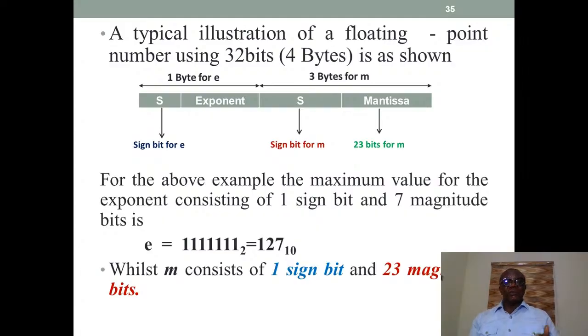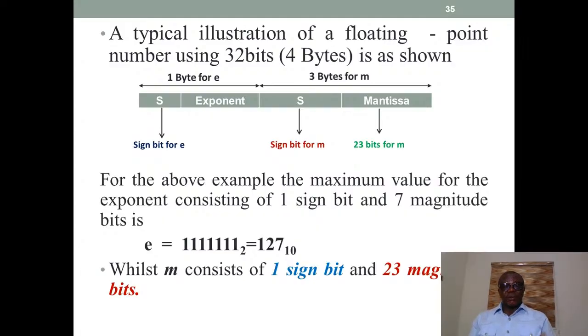So 1111111 in binary is equal to 127 in decimal. In other words, the computer that is using 4 bytes for each floating point number cannot do any mathematics that has anything more than raised to power 127.